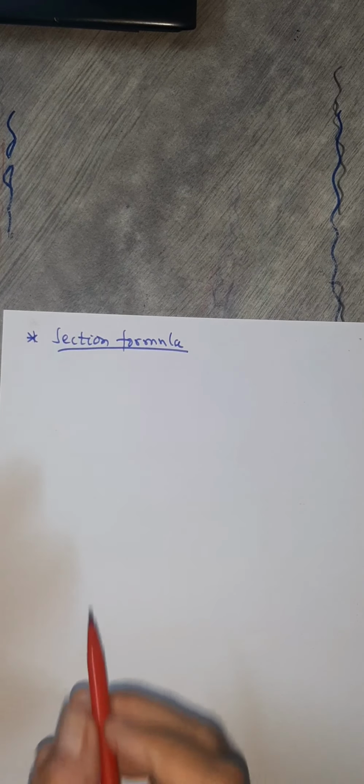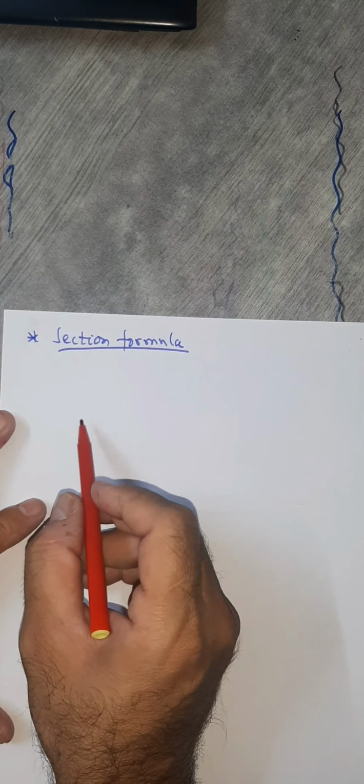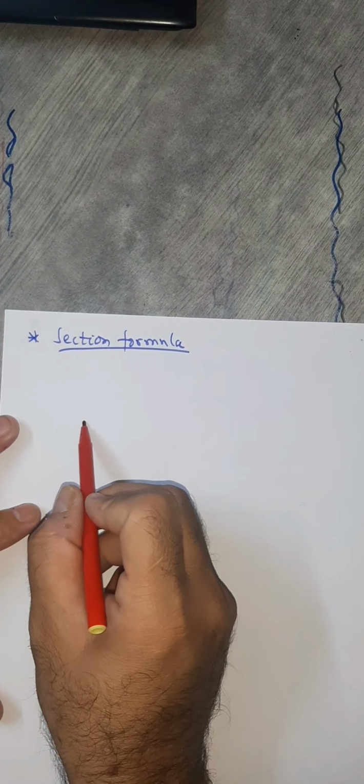So we have two vectors. Let's write like this. We have a line segment here.